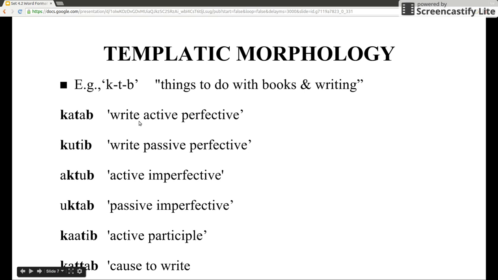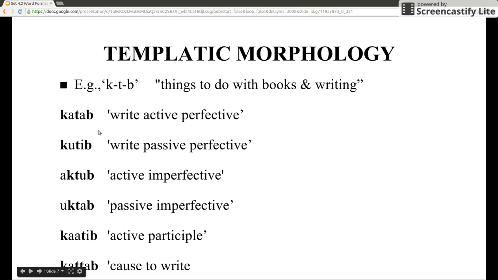And if we have an active perfective form, then we have two A's, then we got katab. Okay, and if we want to change the voice, active become passive, then we change the vowel. Actually, we just change the form of the verb by changing the vowels.